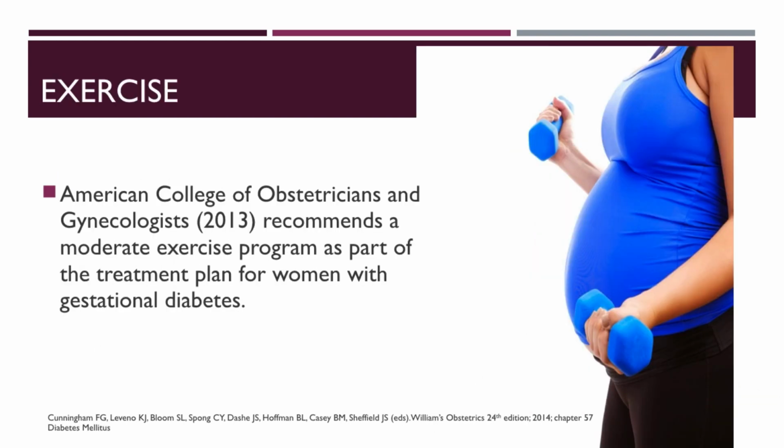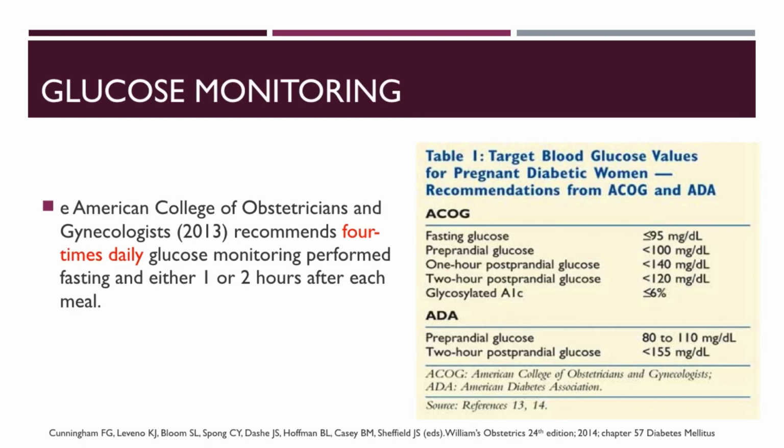For exercise, the ACOG recommends a moderate exercise program as part of the treatment plan for women with gestational diabetes mellitus. For glucose monitoring, the American College of Obstetricians and Gynecologists, or the ACOG, recommends 4 times daily glucose monitoring, performed fasting and either 1 or 2 hours after each meal.